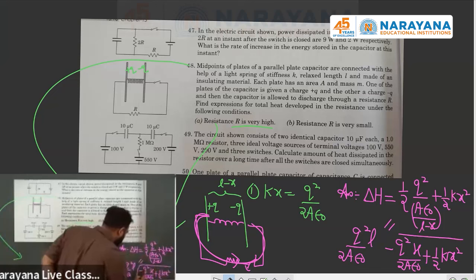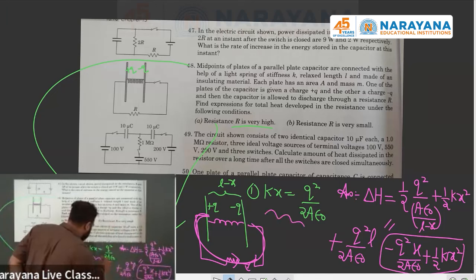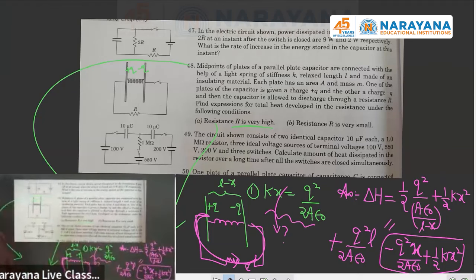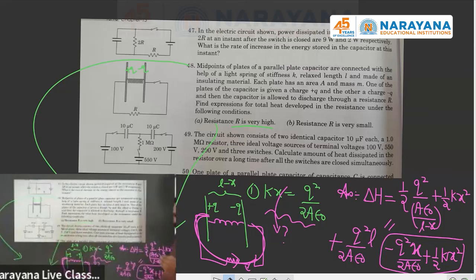And you understand that these two terms can be calculated as Kx is given. So calculate the value of x and substitute it here, you will get your final answer. Still, I say the presentation of the problem from JEE Advanced perspective could be even better. Although his thought is good, the presentation should have been even better.